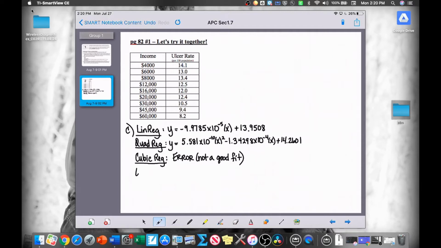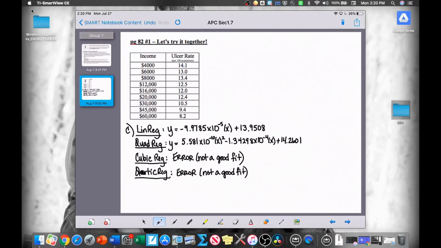And then incidentally, if you try to do quadratic regression on this, you will get the same error message. And again, all you need to worry about is it just means that based on the data that you fed into the calculator, they're saying this regression model really doesn't work.